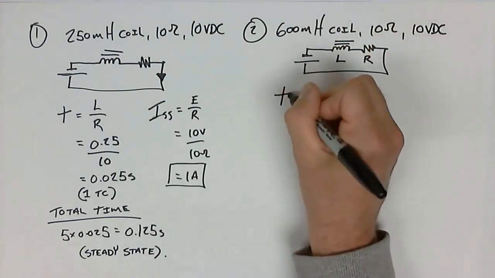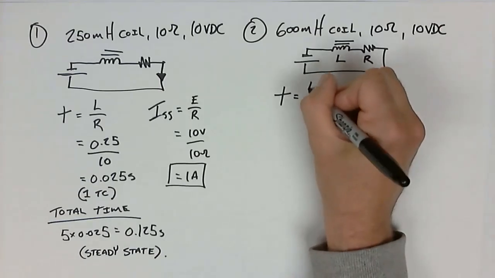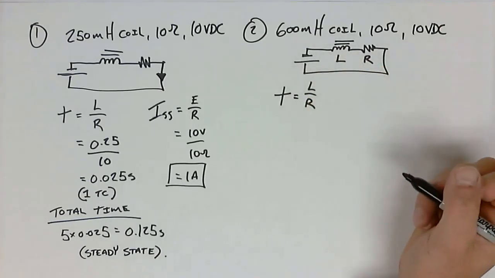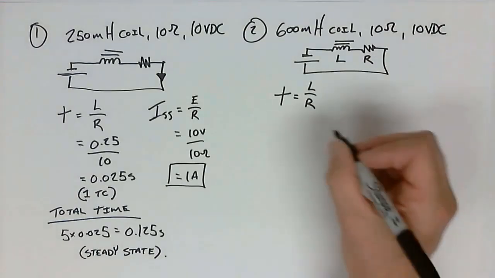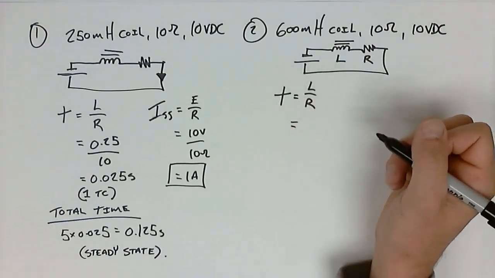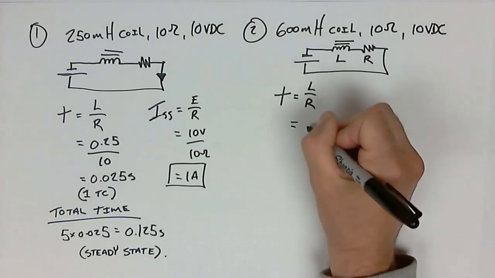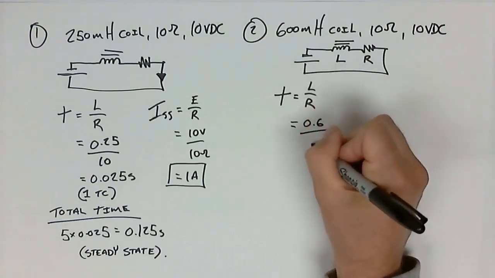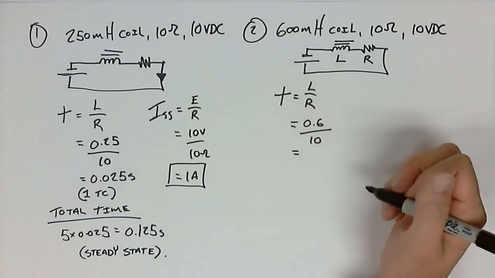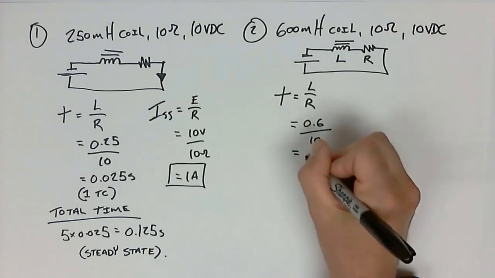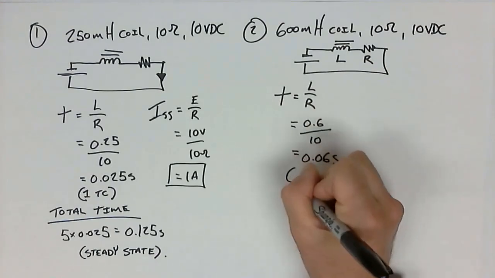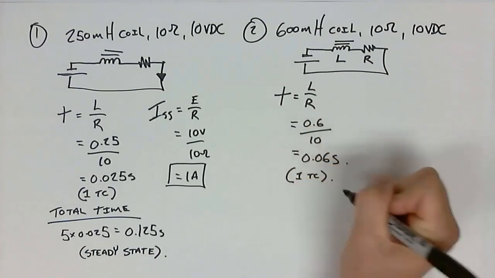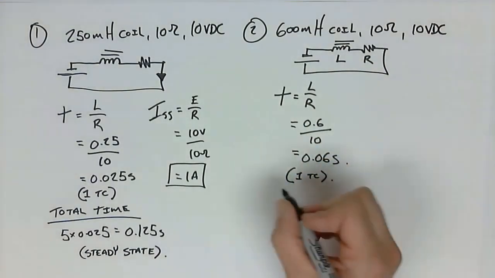The time of one time constant, we calculate L over R. So that means that for the single time constant, it will take us 0.6 divided by 10 for a time of 0.06 seconds. And that would be for one time constant. How much time would it take total?